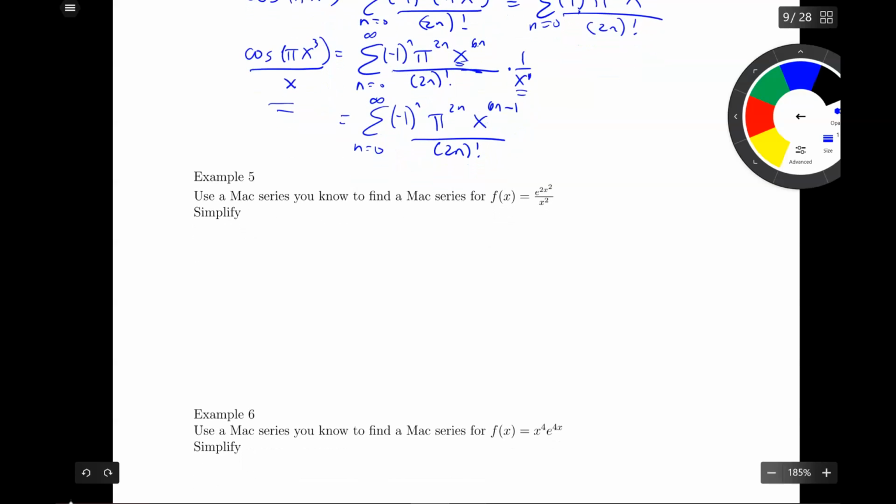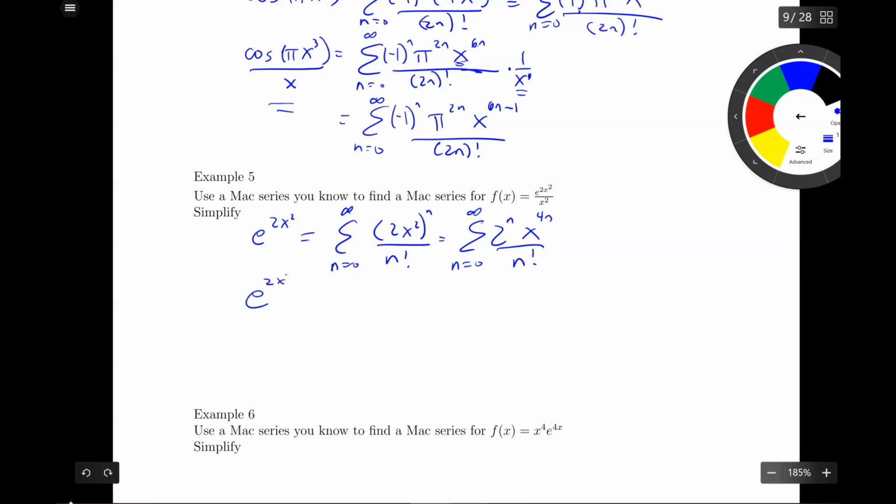All right, so let's do it again for this one. So you know e to the 2x squared will be 2x squared to the n over n factorial, using your memorized Maclaurin series. So let's fix this up. So I'll have 2 to the n, x to the 4n over n factorial.